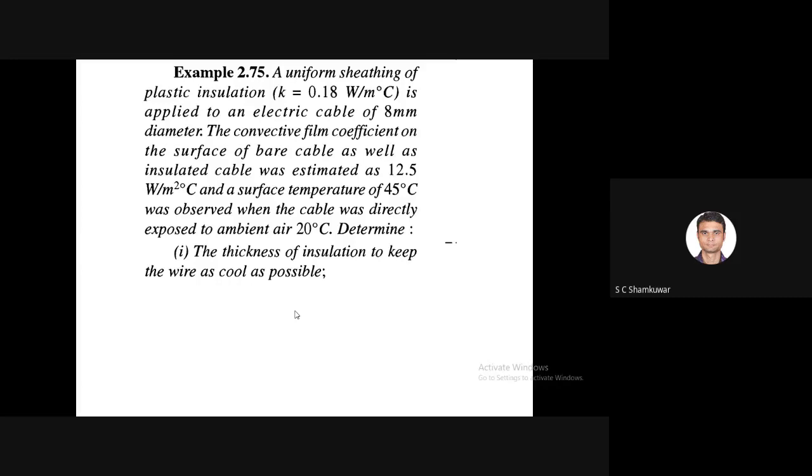And the air temperature is given as 20 degrees Celsius. You have to find out the thickness of the insulation where the heat transfer will be maximum, so that the wire will be cooled as much as possible.